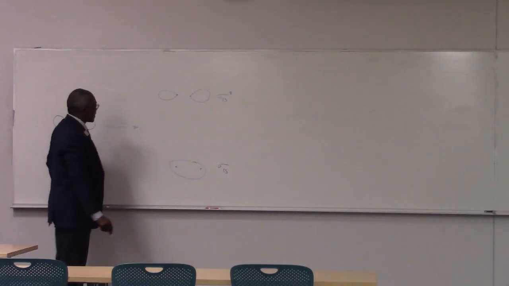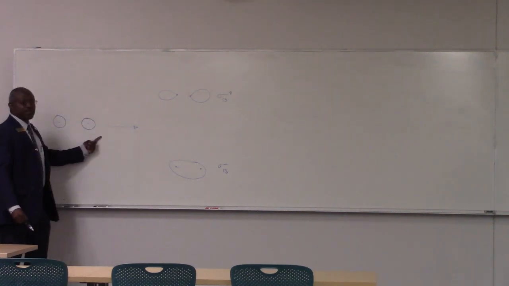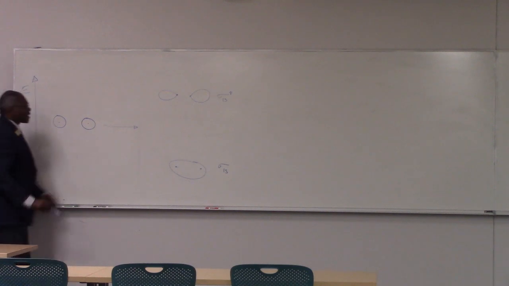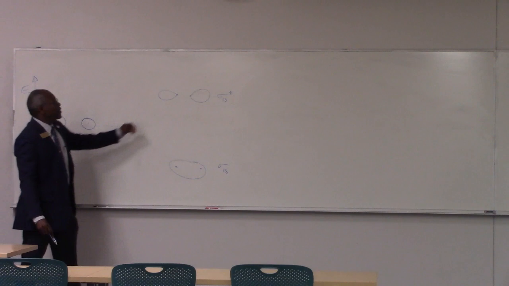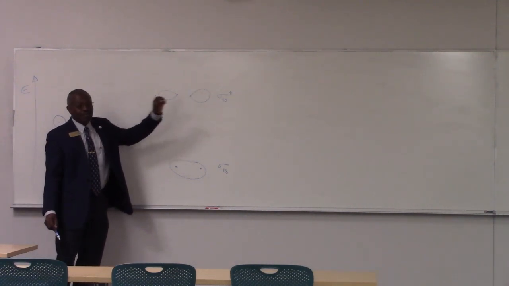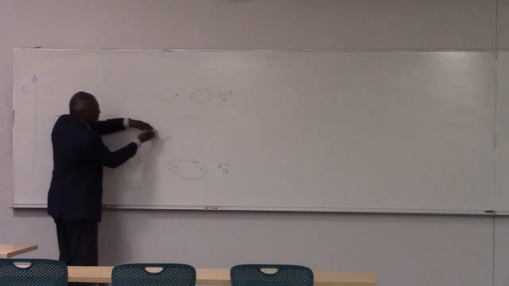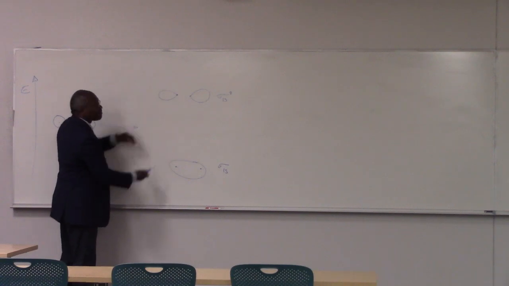And the sigma 1s is more stable than either the atomic orbitals, because we have energy on this axis. The sigma 1s is more stable than either the 1s atomic orbitals or clearly the anti-bonding sigma 1s star. And we said that essentially the difference in energy here is the same as the energy gap here.